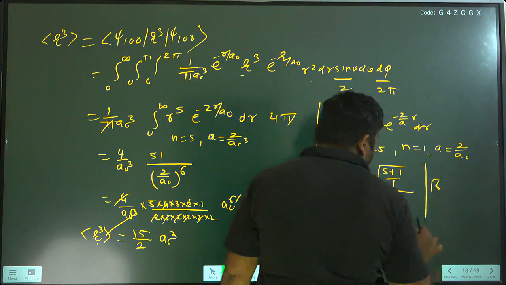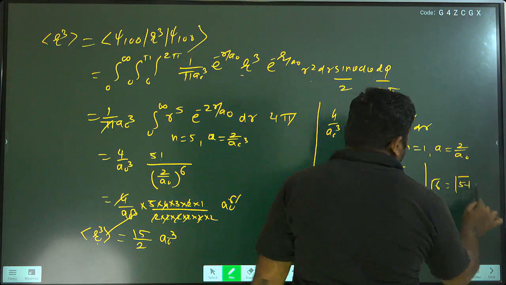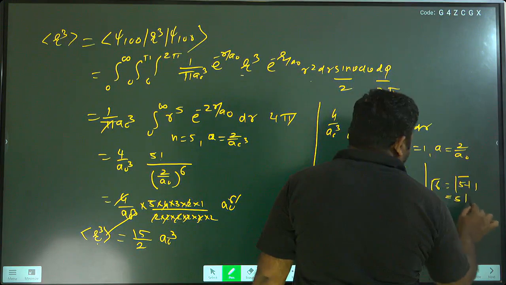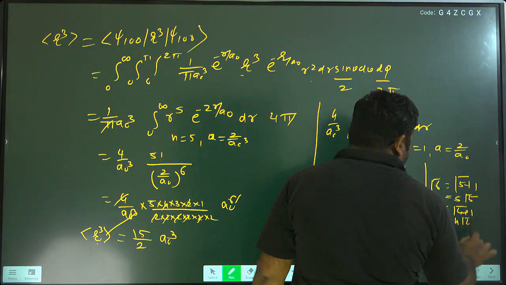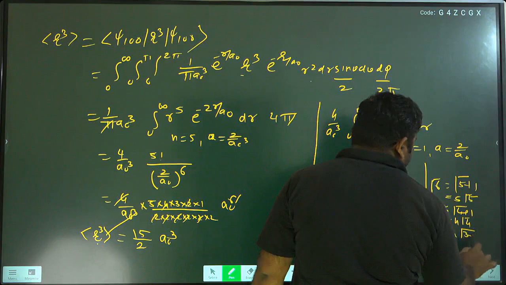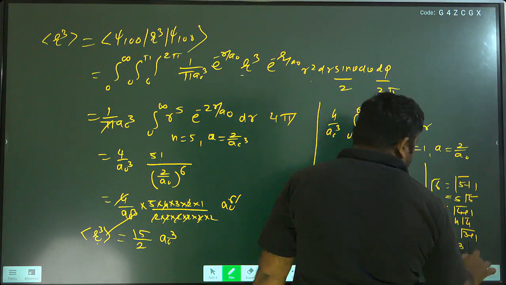Let's see how to solve gamma 6. This can be written as 5 plus 1, which gives 5 gamma 5. Next, 5 can be written as 4 plus 1, so 5 into 4 gamma 4. Next, 5 4 gamma 4 can be written as 3 plus 1, 5, 4, 3, gamma 3.